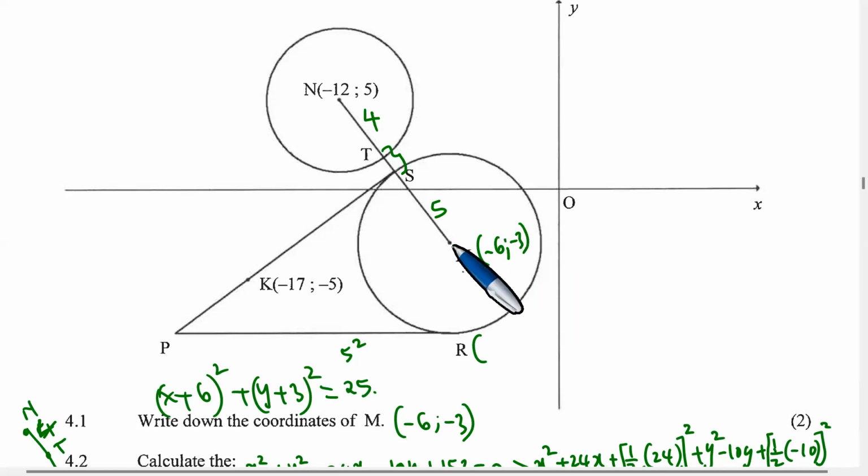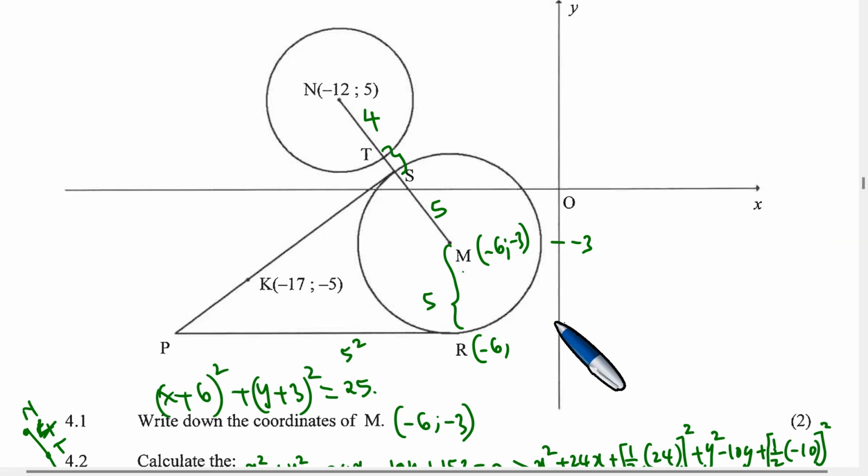And that gives you an X, and the X here is -6. The Y is -3 there, but the radius from here to there is 5 units.